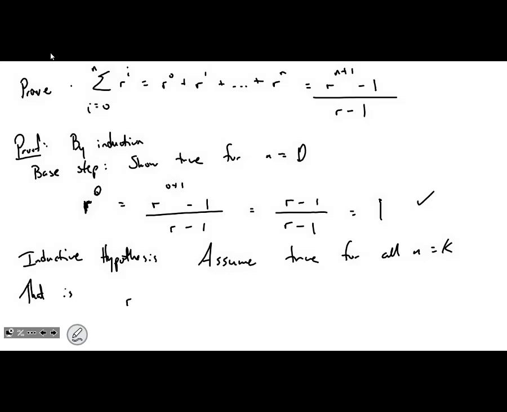That is, r to the 0 plus r to the 1 plus r to the 2 all the way out to r to the k equals r to the k plus 1 minus 1 over r minus 1. And it's important that I get to assume that this is true. So I can use this relation, and this happens a lot during inductive proofs. I'll have this r to the 0, I'll have this long expression right here, and then I will substitute in what it equals by using this inductive hypothesis.